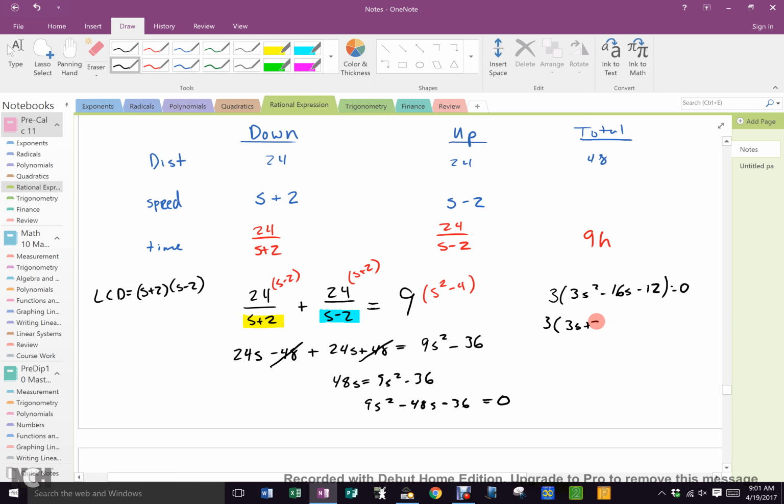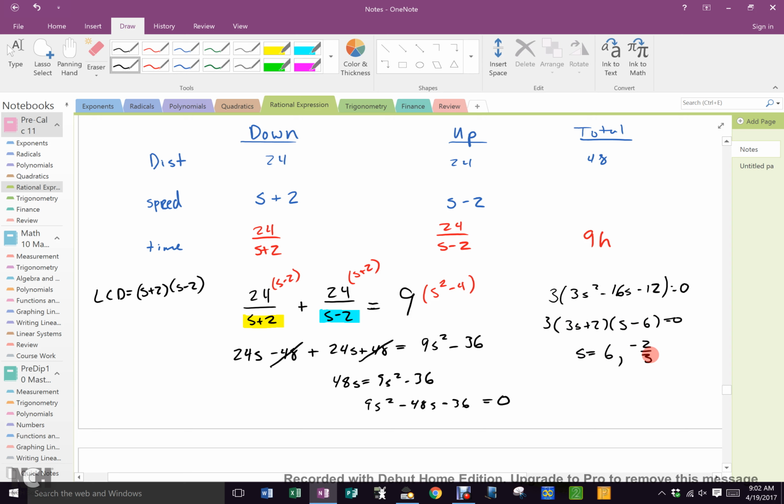Three S plus 2 and S minus 6 equals 0. So what does S have to be? 6 or negative 2/3. Which one of those is the only possible answer?